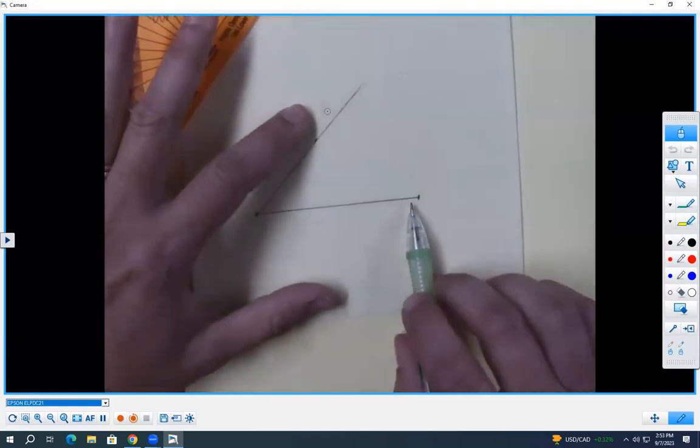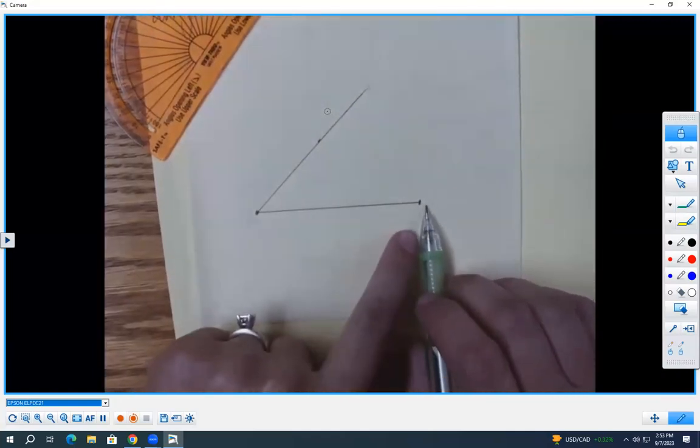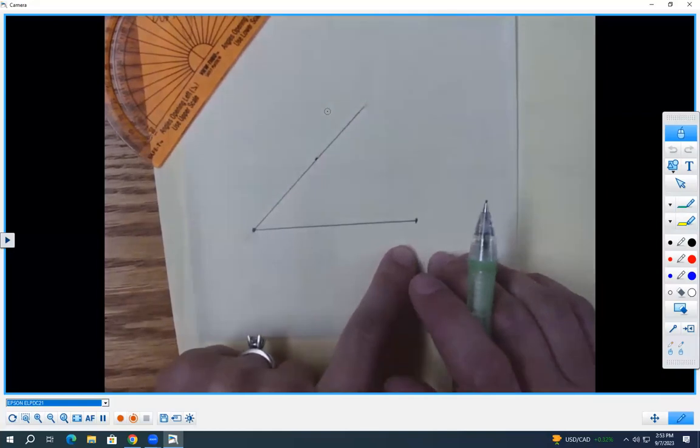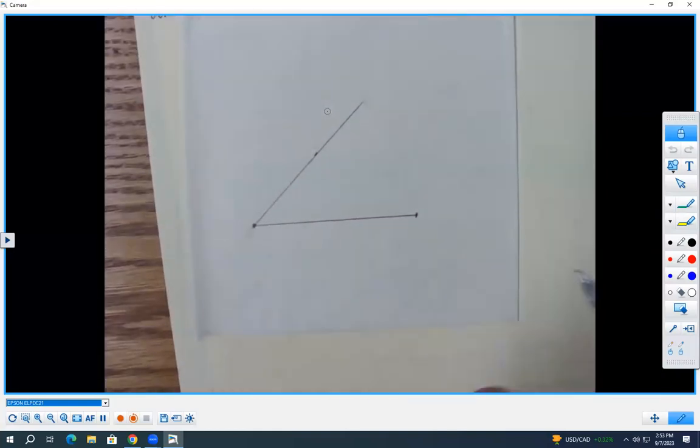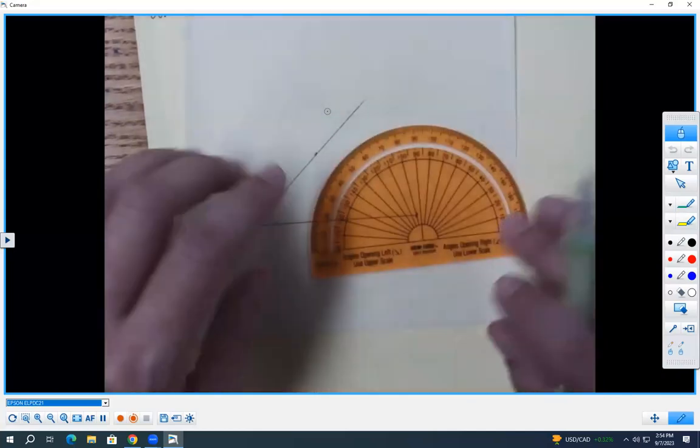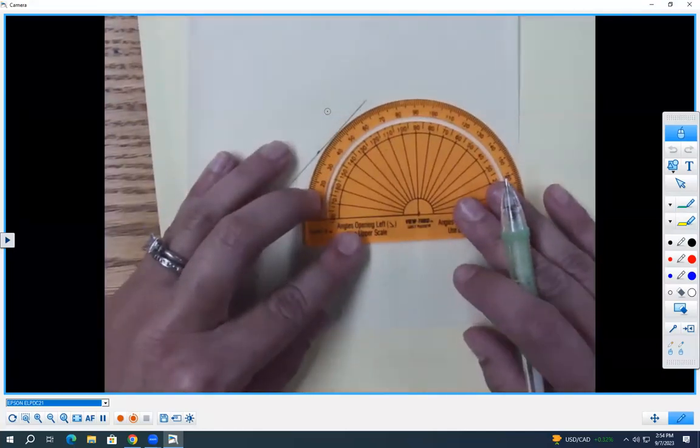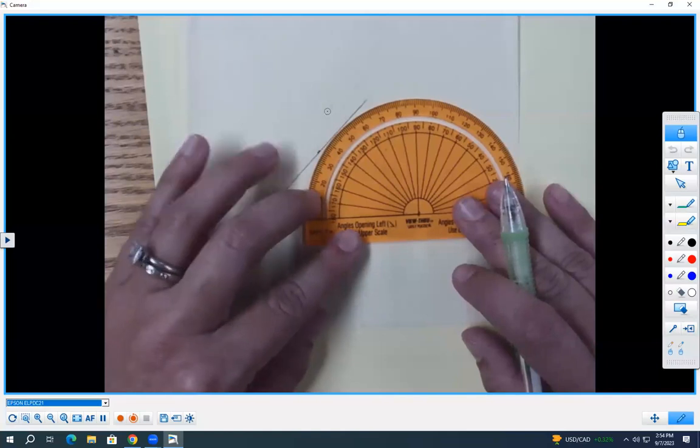What angle do you want this bottom right-hand corner to be? 52 degrees. How about 55? Because it is a little easier to be exact. So 55, and you have to do this the other way on the protractor.